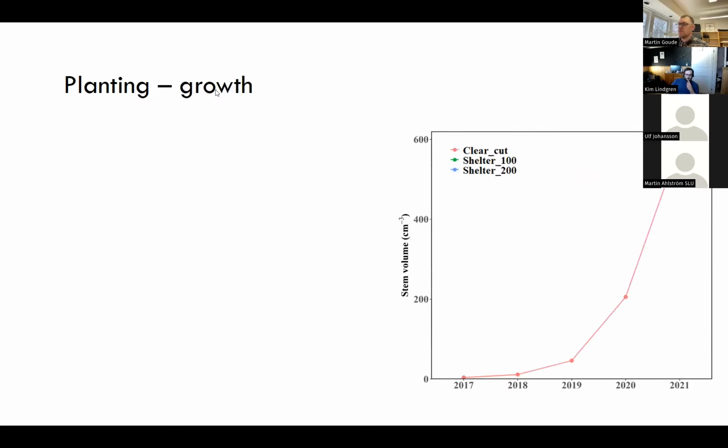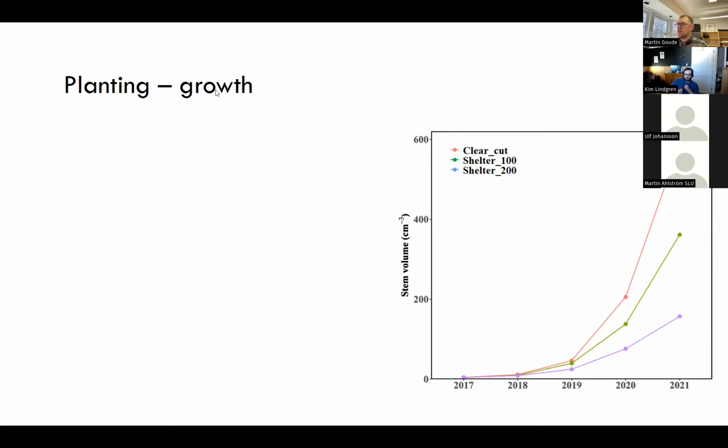So we compared the stem volume calculated for the seedlings on clear-cut, sparse, and dense shelterwood. And what is also quite clear is that growth of the seedlings was reduced under the shelterwoods. And that's probably because of the high competition from the overstory trees.